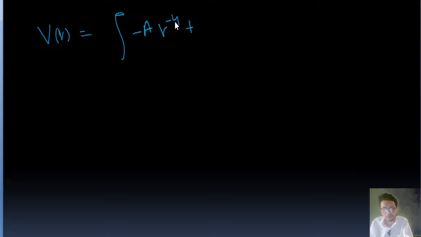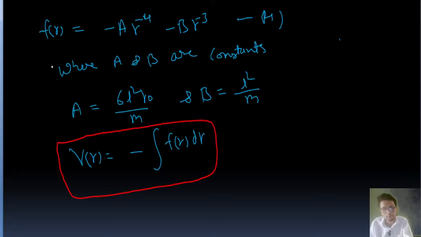A and b are constants I have already mentioned, right? These are the values, simple one. And this is going to be dr.